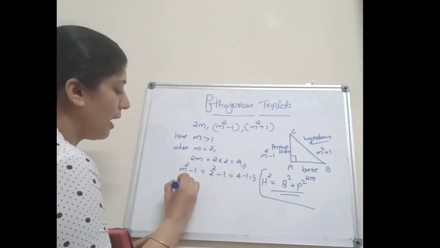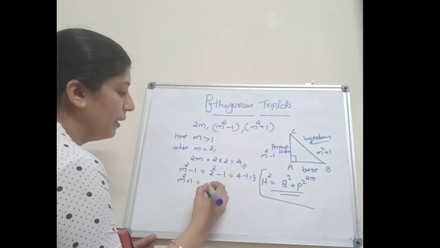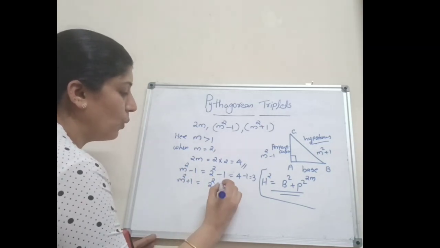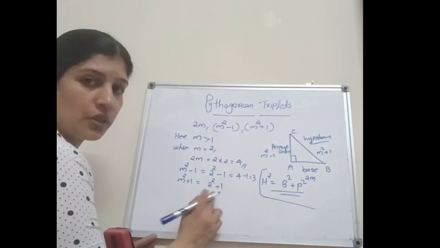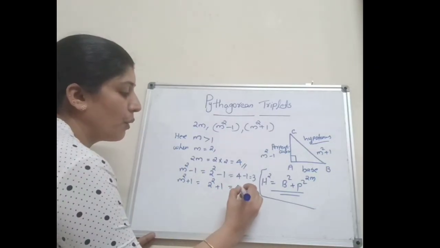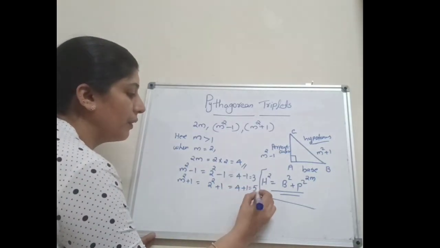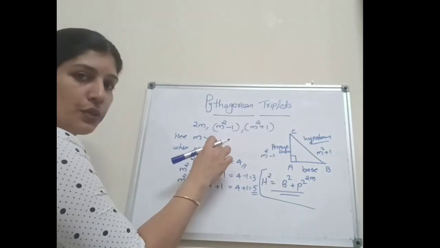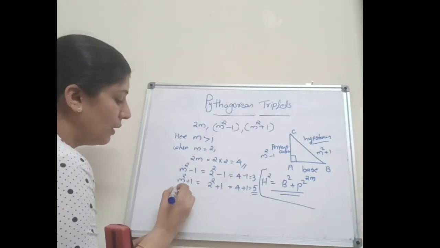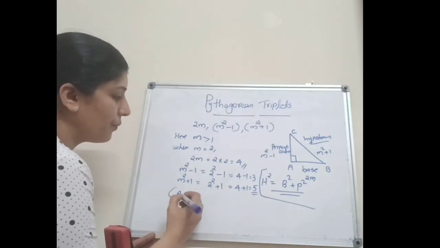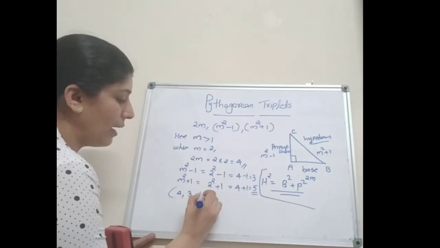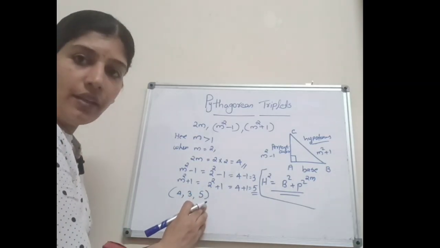Next, we consider m square plus 1, that is 2 square plus 1, which is 4 plus 1 equal to 5. Therefore, when m equal to 2, 4, 3 and 5 are the Pythagorean triplet.